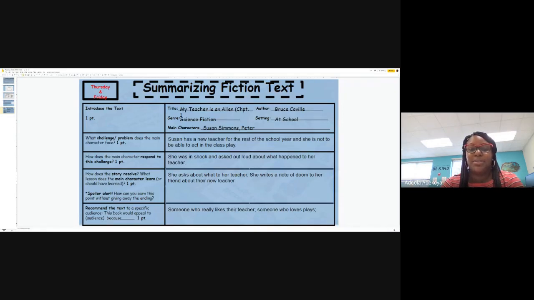I'm filling out the different parts. I'm going to write my book title here, and I always want to make sure that it's underlined because it's the title of the book. I read My Teacher Is an Alien.